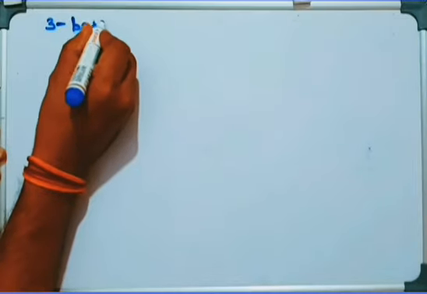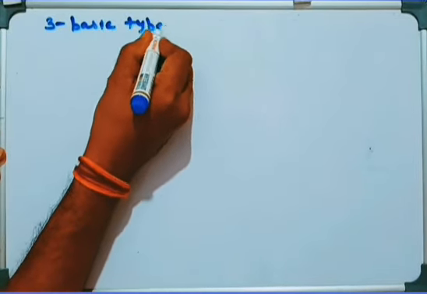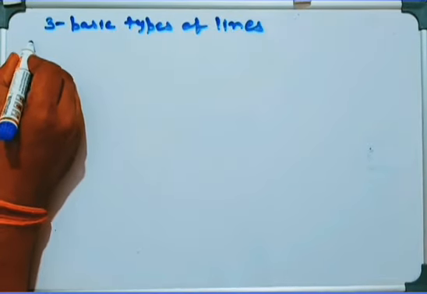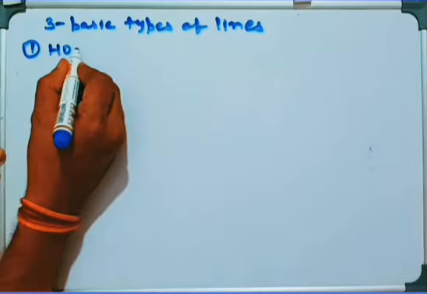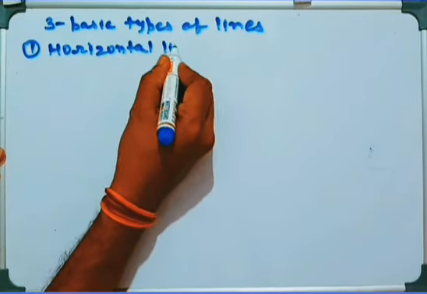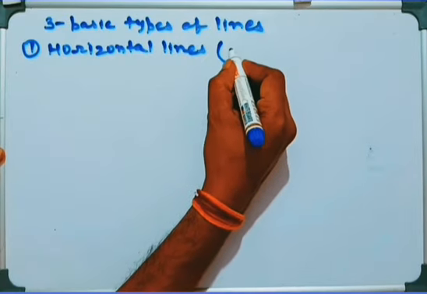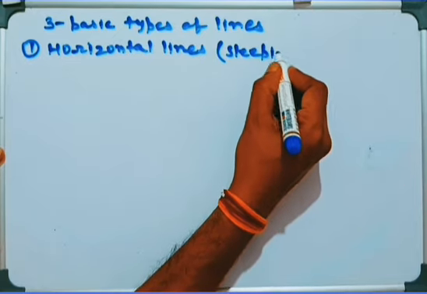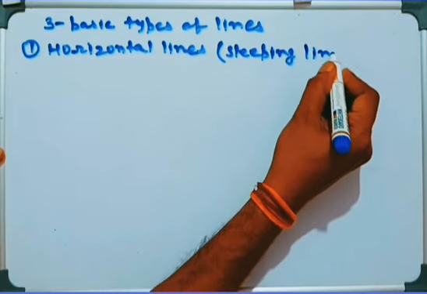Now, we will see three basic types of lines. First one is horizontal lines or sleeping lines.